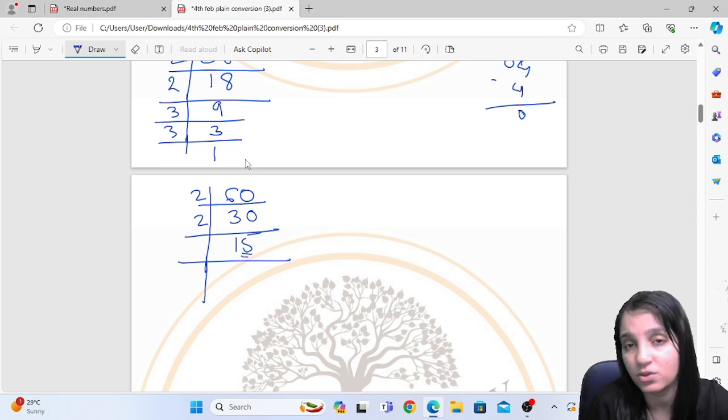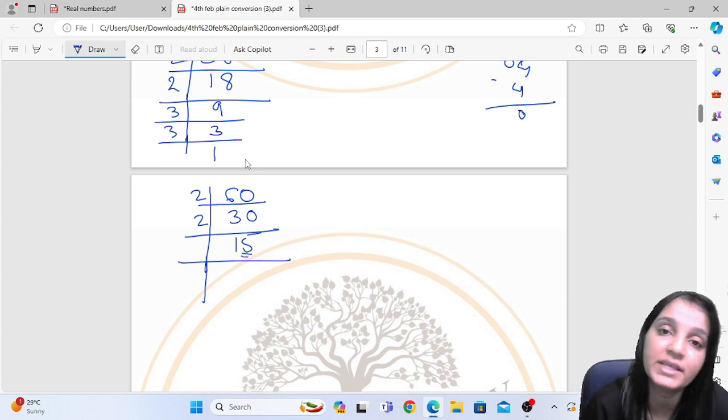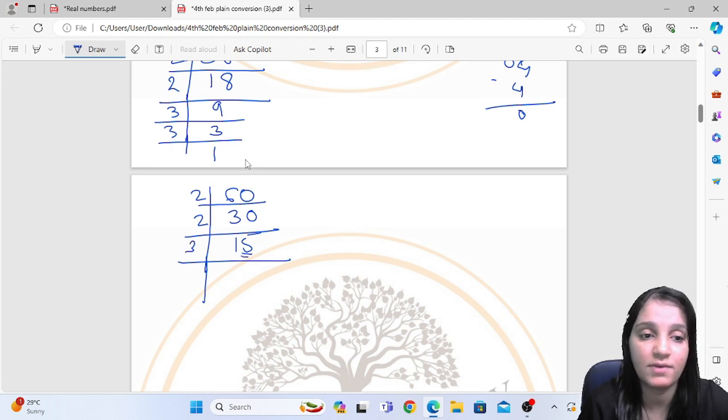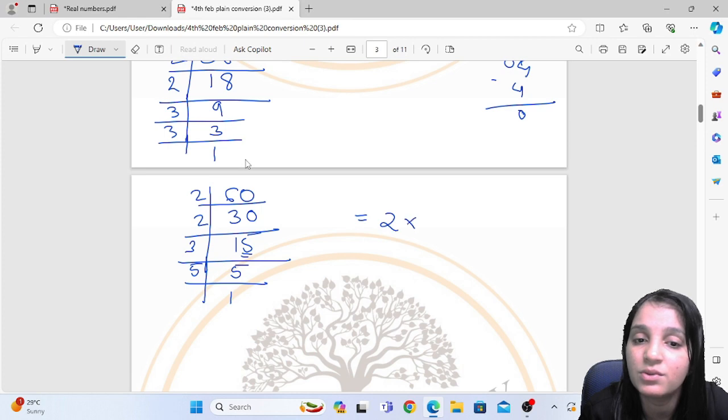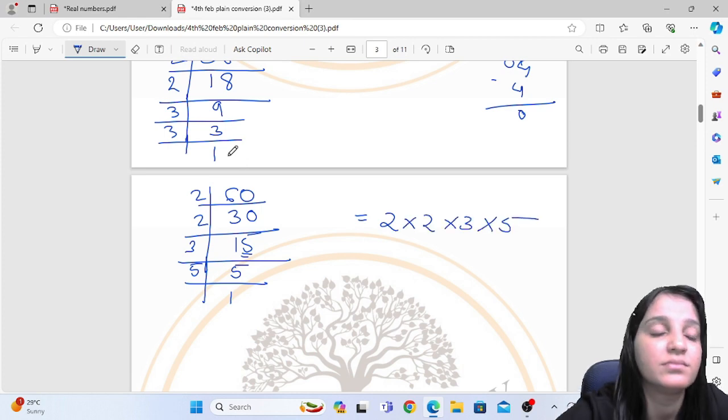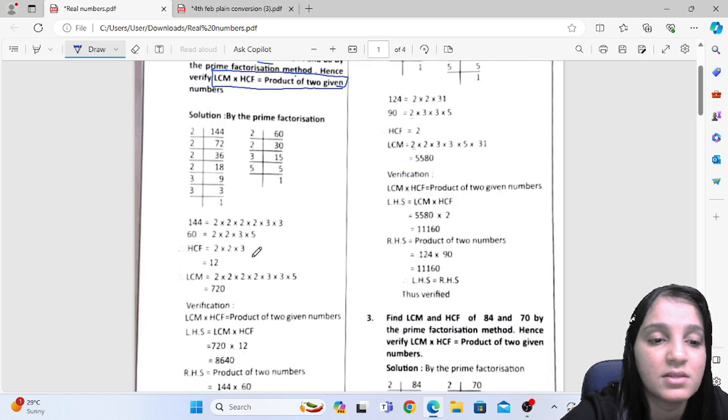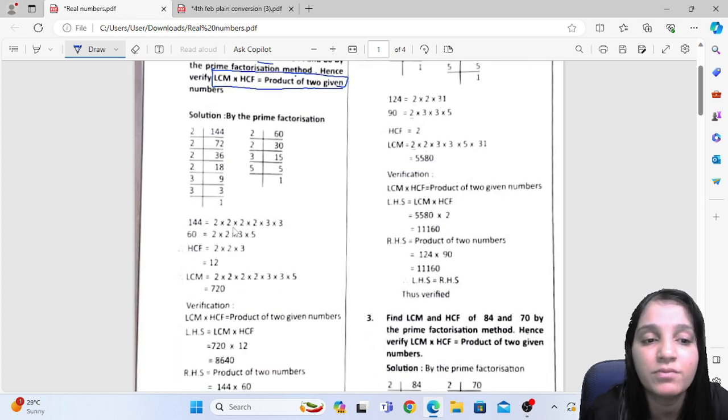The last number is 5, so it will not come in 2's table. So the next table is 3. 3 fives are 15 and 5 ones are 5. So your expansion is 2 into 2 into 3 into 5. These were the expansions which we got from the prime factorization method.